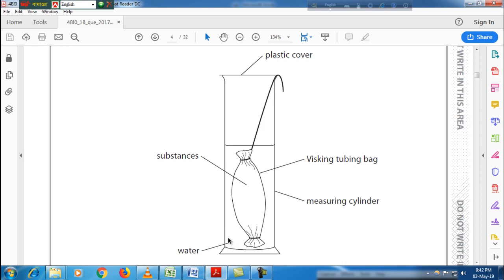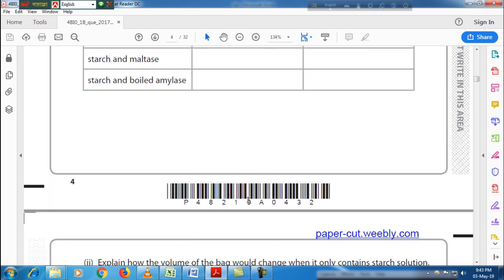Here the water which surrounds the bag is in high concentration, and inside the bag the water has low concentration. So an osmotic gradient is produced. So water will move from the surrounding to the bag, which will increase the volume of the bag.